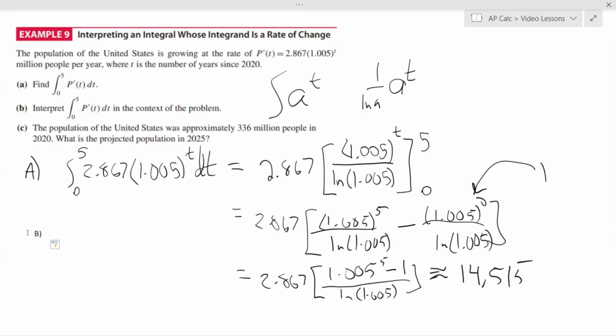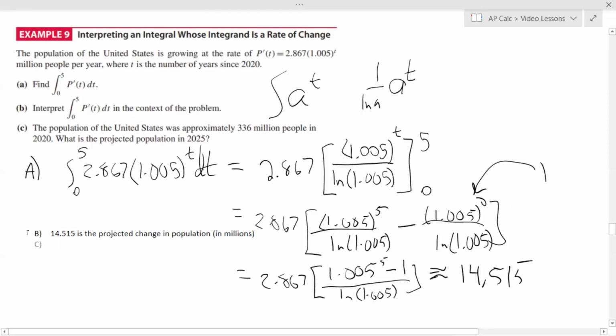This is 14.515 is the projected change in population in millions of the US from t equals 0, 2020, to t equals 5, which is 2025.